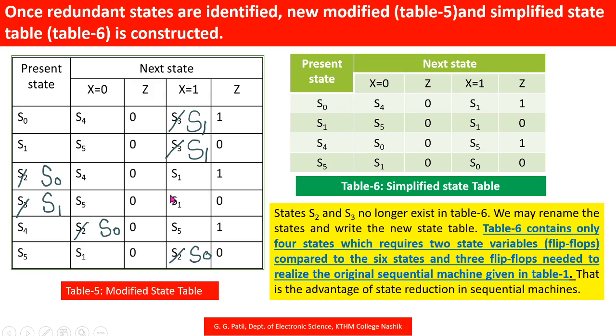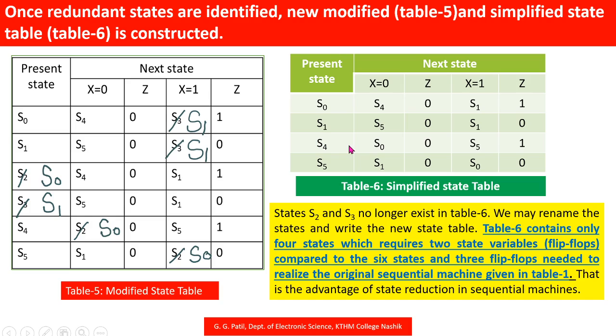Once we find the equivalent states, we replace them in the state table, and we can write the simplified state table as given in table 6. Using the equivalence class method, the equivalent states can be found very simply.